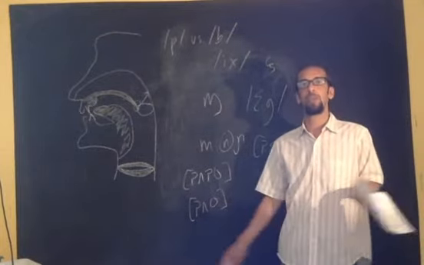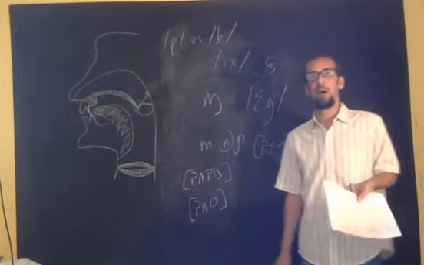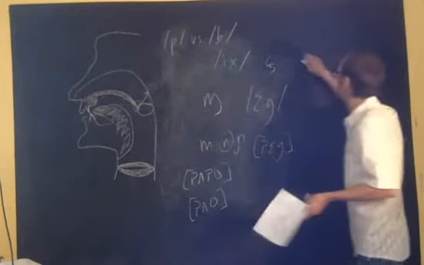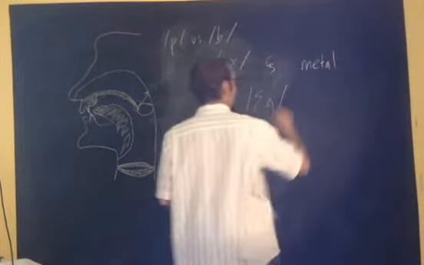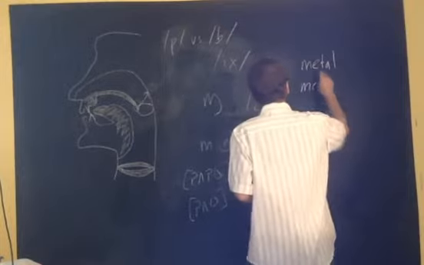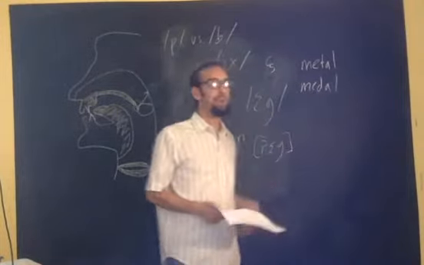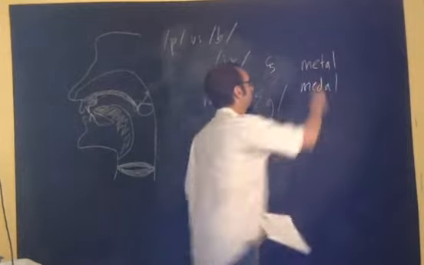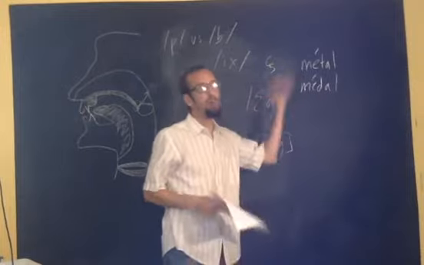And when I'm saying metal, it's hard to tell whether I'm talking about the one that's written with an underlyingly voiceless stop or the one that is written with an underlyingly voiced stop. In this context, where there's stress here and no stress here, these sound almost exactly the same.